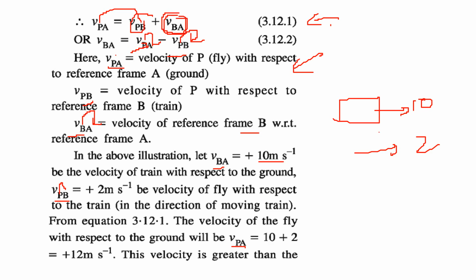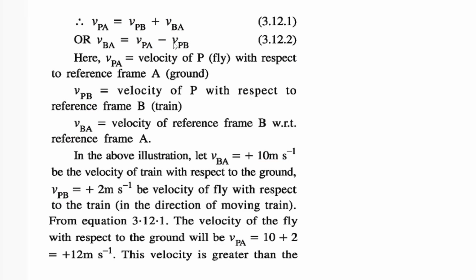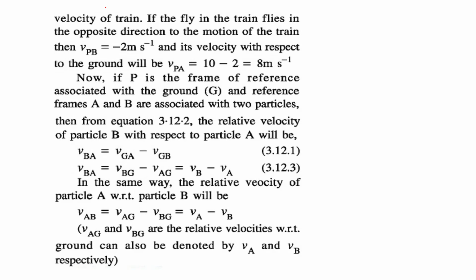We have taken this as 2 and this as 10, so 10 plus 2, which is 12 meter per second. The velocity is greater than the velocity of the train. The velocity of the train is 10, but we added 10 plus 2, so the fly velocity is added to the train and it becomes 12.